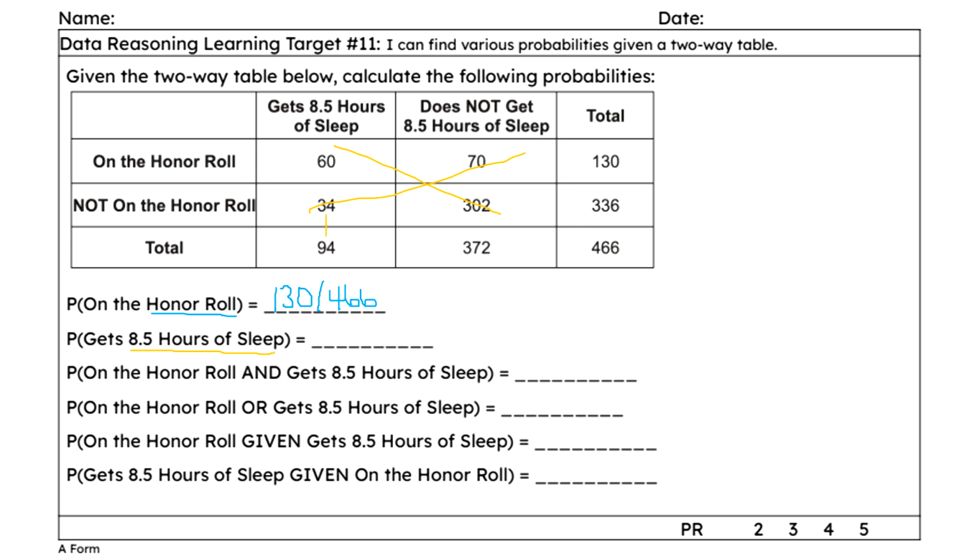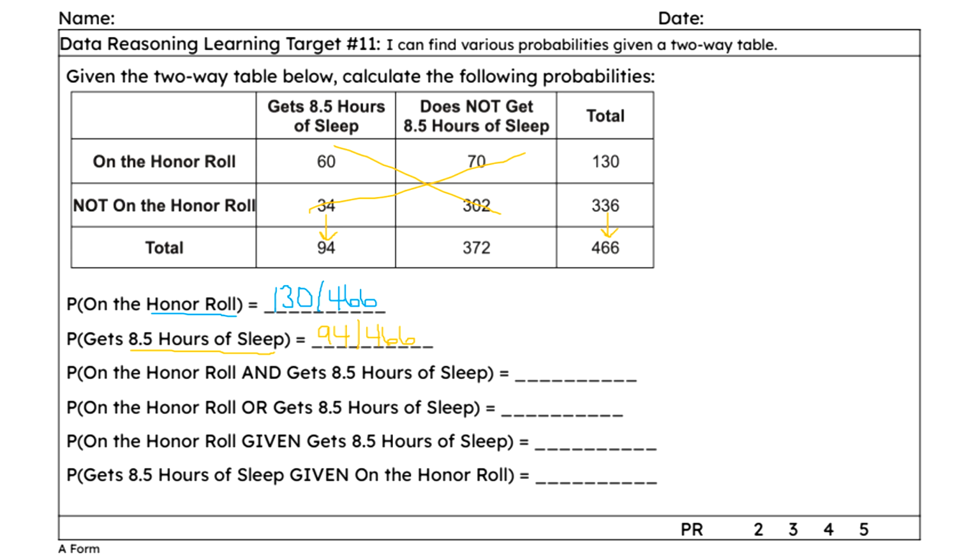So I have 94 people who responded that they get 8.5 hours of sleep out of 466 humans total. So this is going to be 94 out of 466. If you are looking for just probabilities of one variable or the other, then you're going to ignore these middle sections and look just to the totals on the side and on the bottom there.